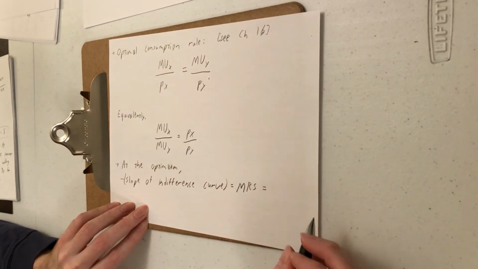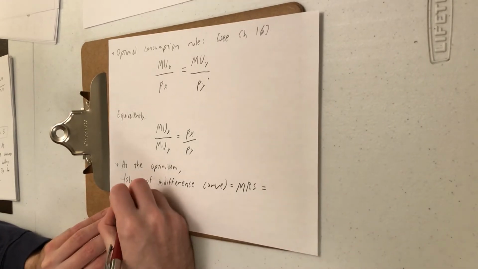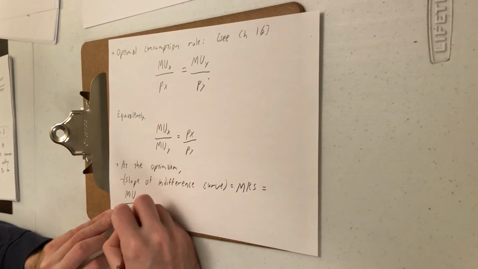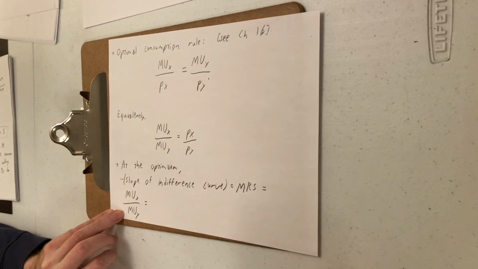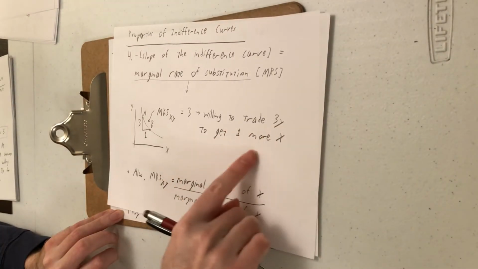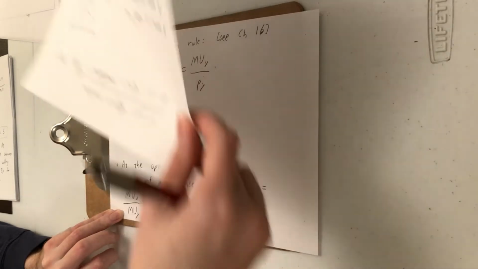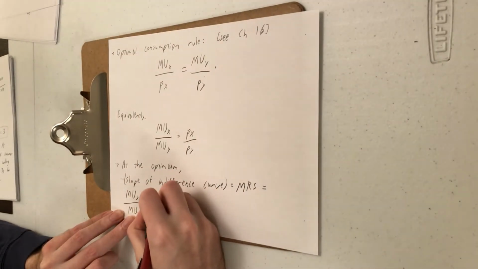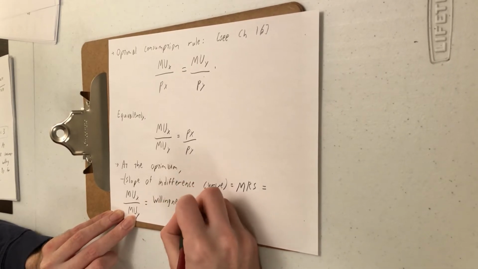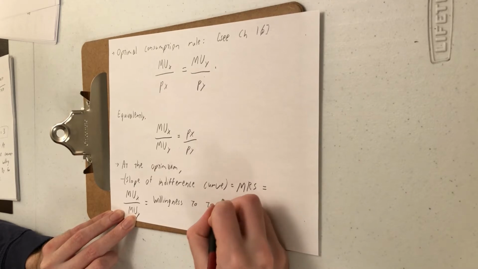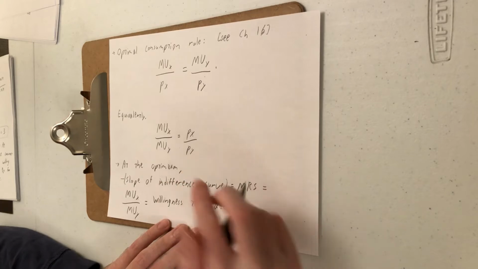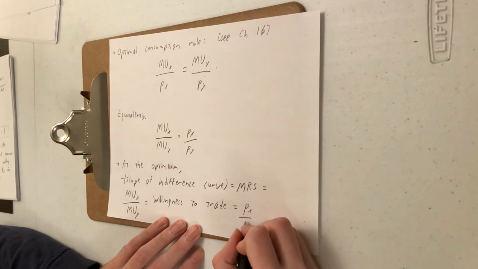which is also the marginal utility ratio, which is also your willingness to trade X and Y. And that has to equal the price ratio.